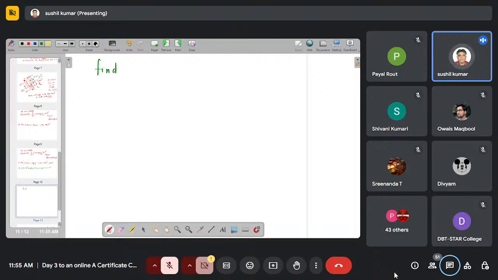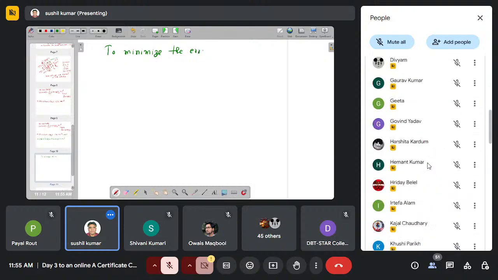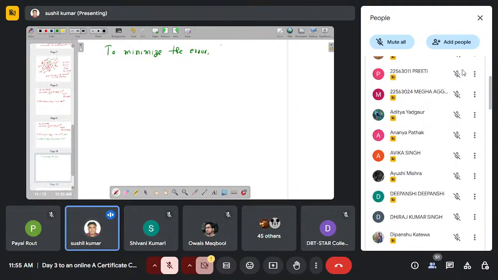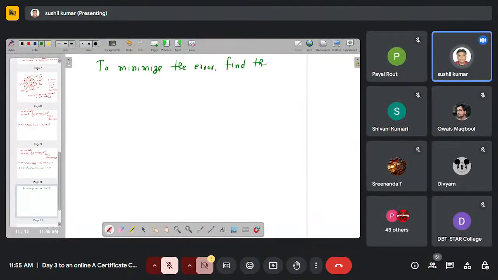Okay, let me write the complete statement, otherwise it will be confusing. So to minimize the error, find the derivative.